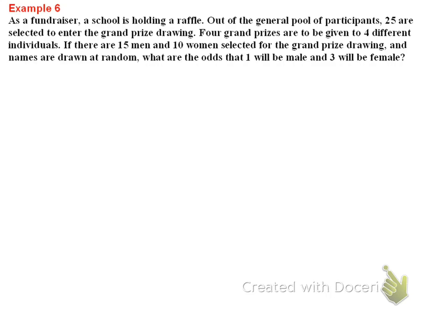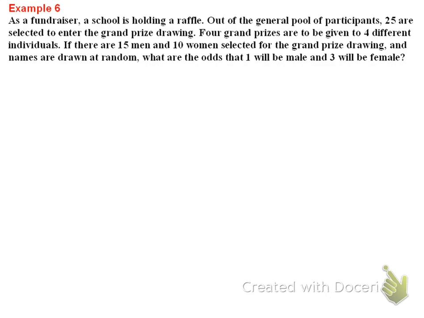As a fundraiser, a school is holding a raffle. Out of the general pool of participants, 25 are selected to enter the grand prize drawing. 4 grand prizes are to be given to 4 individuals. If there are 15 men and 10 women selected for the grand prize drawing, and the names are drawn at random, what are the odds that 1 will be male and 3 will be female?